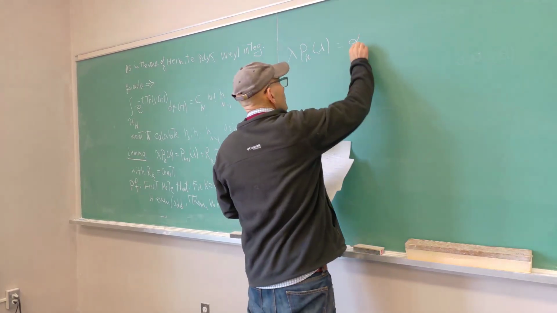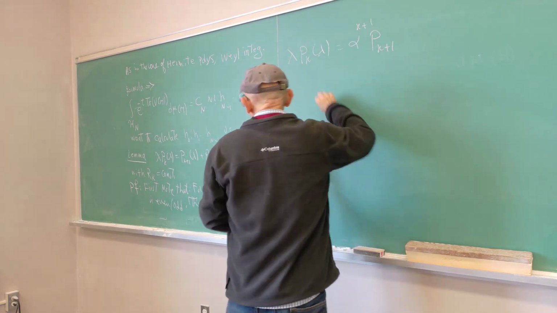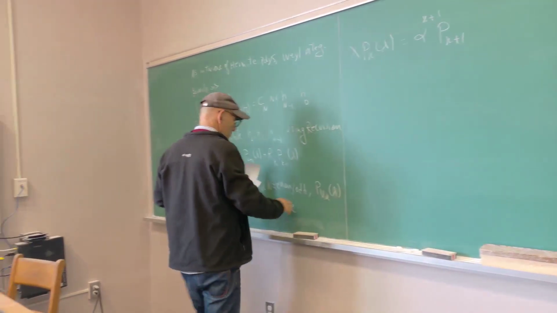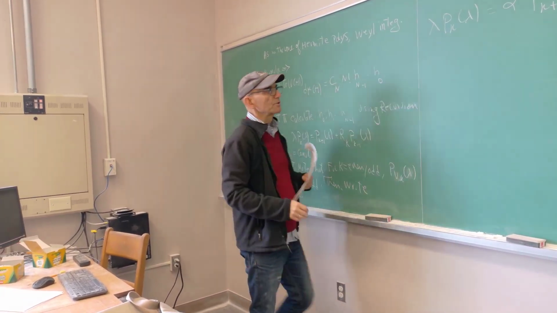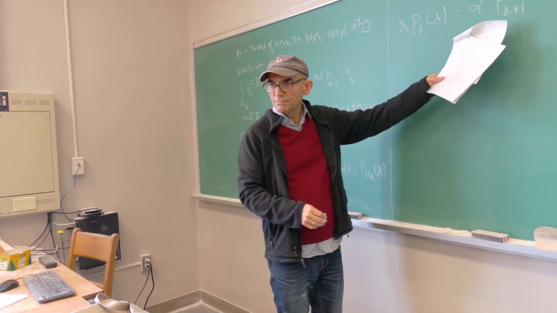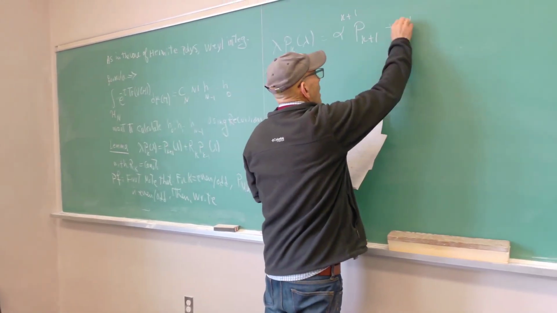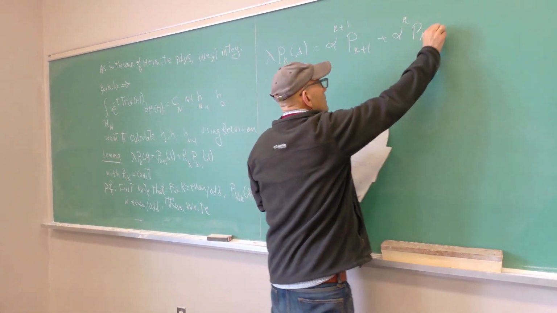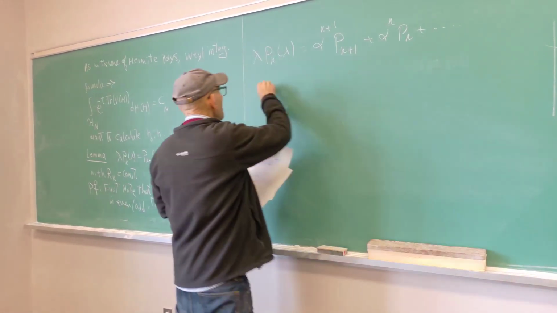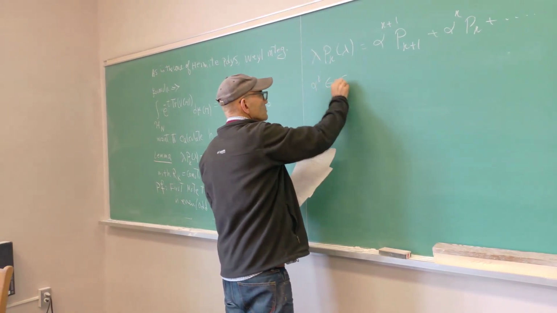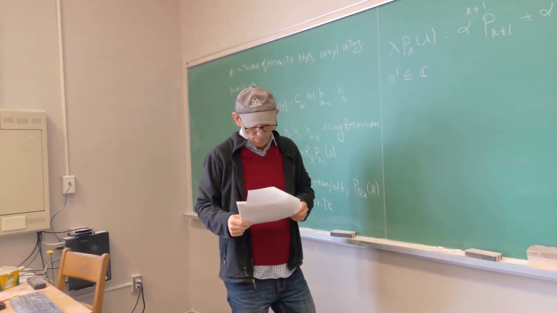So this can be written as alpha_{k+1} p_{k+1} plus alpha_k p_k plus terms of lower orders. I dropped V here because it's cumbersome to carry V all the time. The alphas are in R, since the polynomials are real, but that's okay.